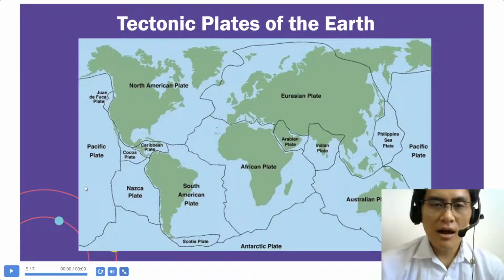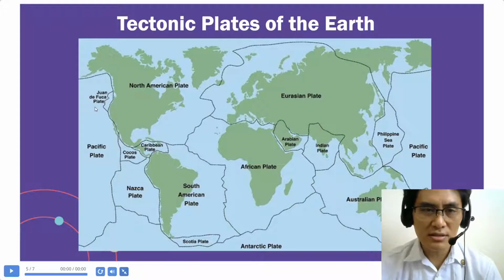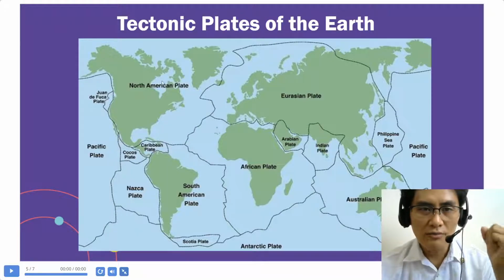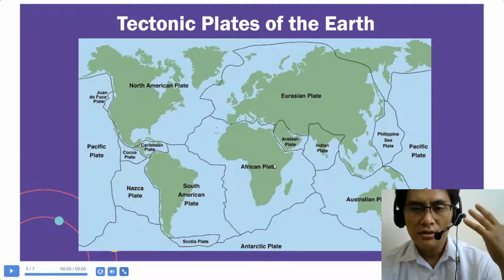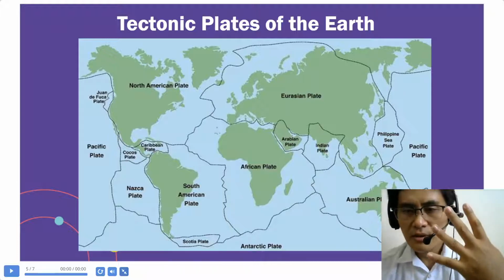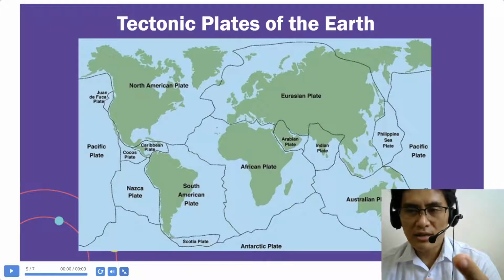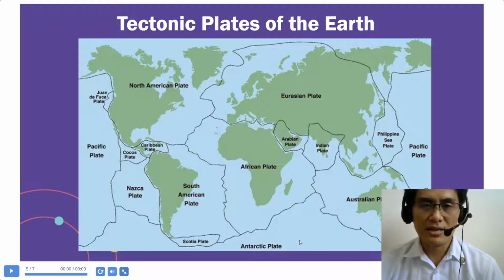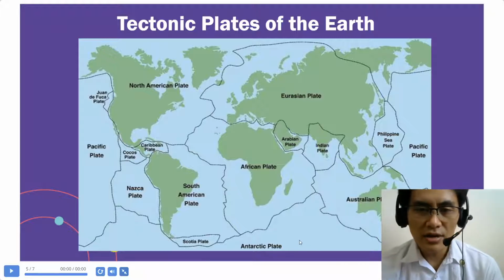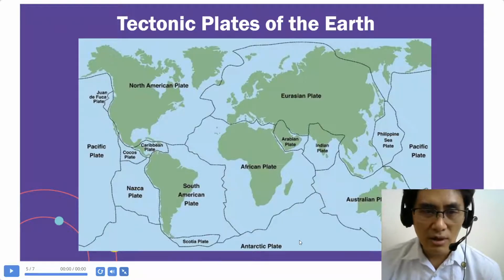Okay, and then there are 7 of them, 7 major ones, 7 bigger ones. You have North America, you have South America, Eurasia, Africa, Pacific, that makes 5. I mean Australia, that makes 5, Pacific, and then Antarctic. So that makes 7. And then from these 7, you can kind of also recognize 7 minor ones.